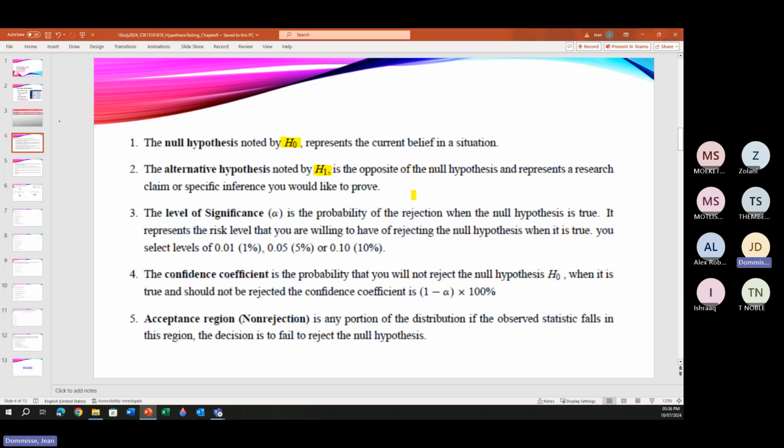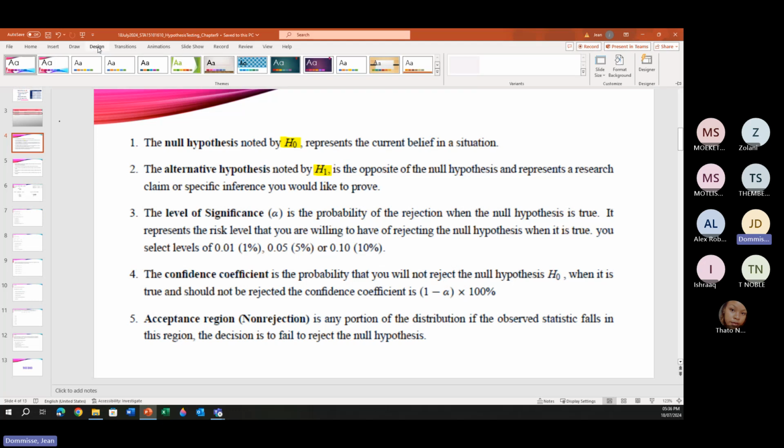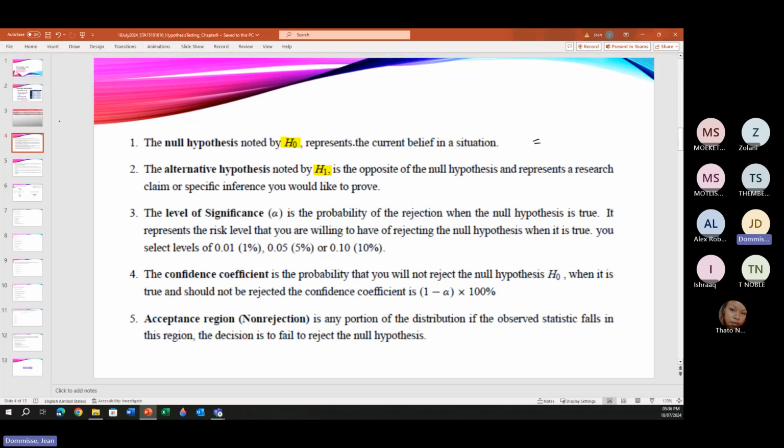What you will see is that the null hypothesis has an equal sign. You will always say with the null hypothesis that the mean is equal to, let's say, 50.